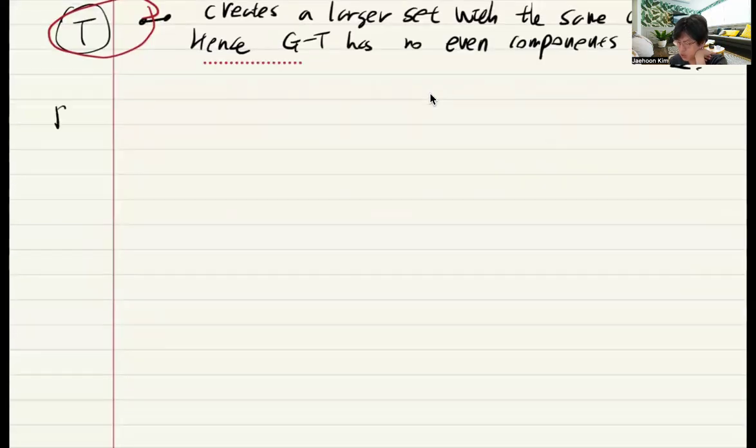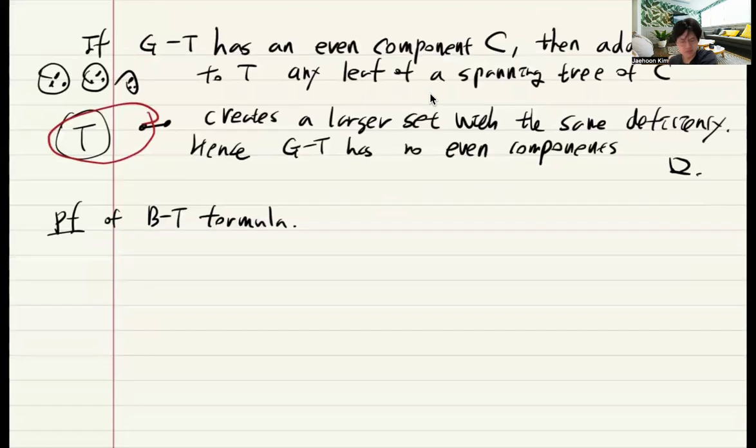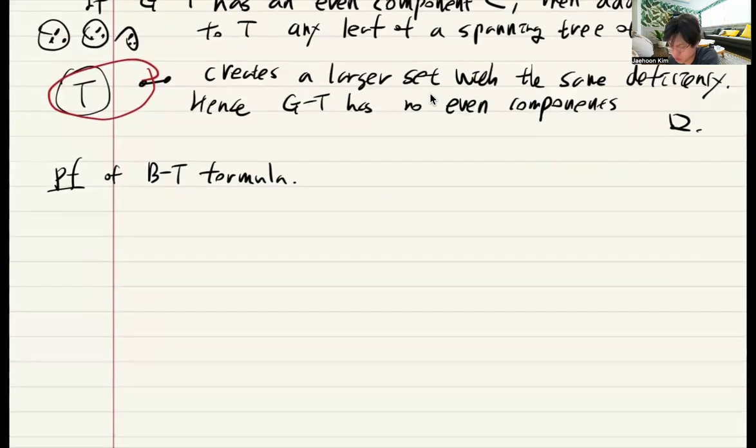So now we are ready to prove the Berge-Tutte formula. So what do we have to show? So first, proving one direction, this inequality is easy, right?